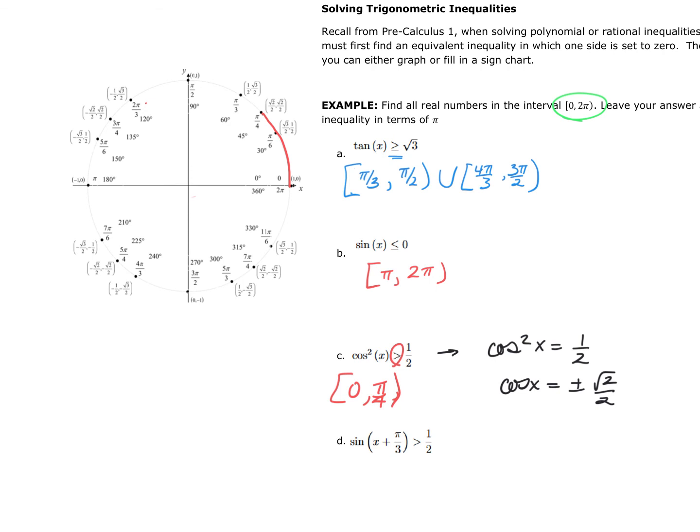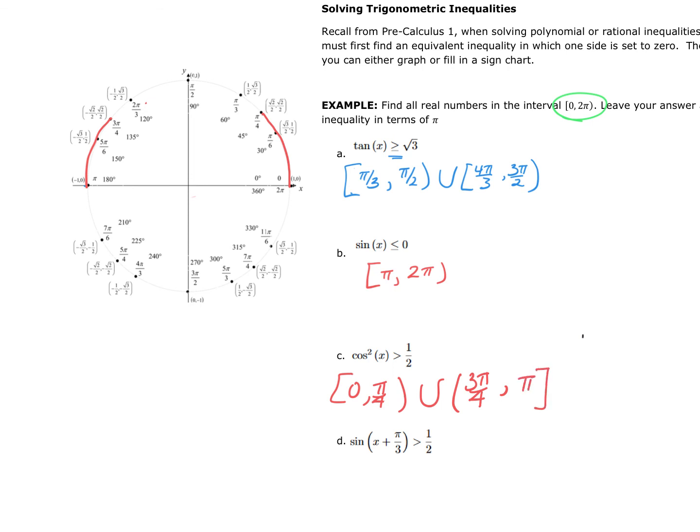The other location is right here. So this is another location in which when I square any ratio in that interval of angles, I will also have a number that is bigger than 1/2. So non-inclusive of 3 pi over 4, because it has to be strictly greater than, and then all the way to pi.